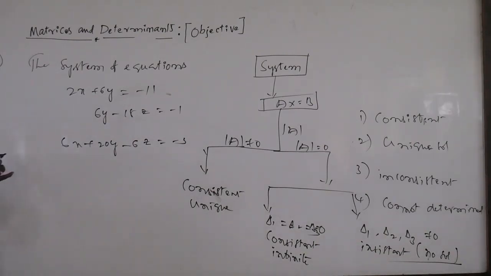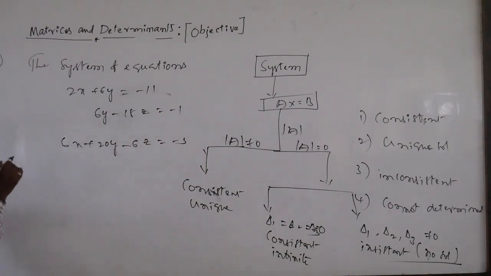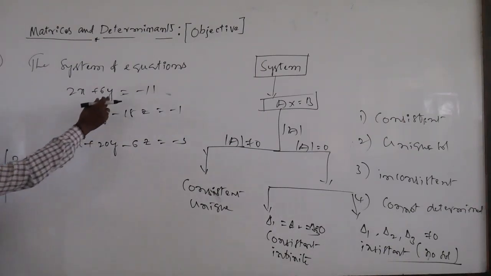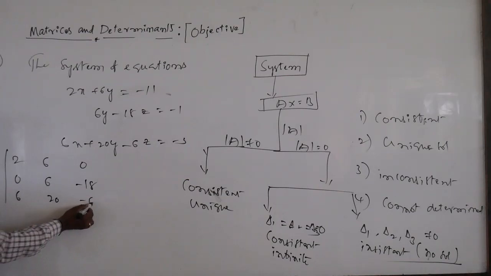So first I am taking, instead of A you can take delta C. What is delta C here? Coefficient matrix determinant: 2, 6, no Z coefficient 0. Second equation, no X coefficient 0, 6, minus 18. Third equation, 6, 20, minus 6.